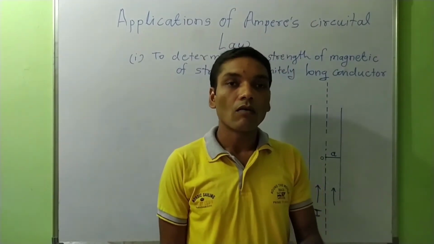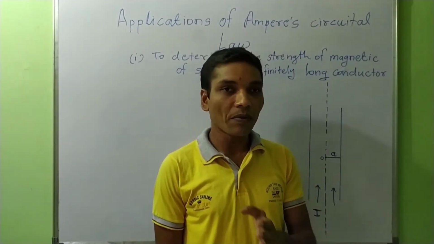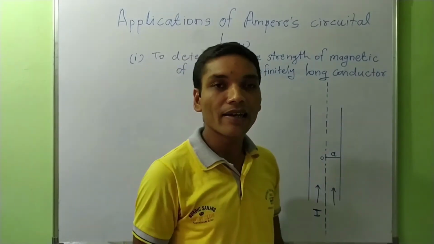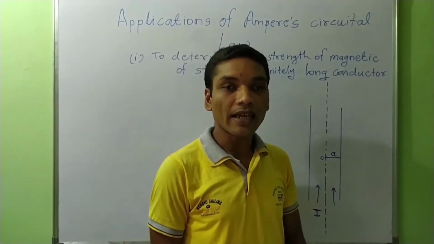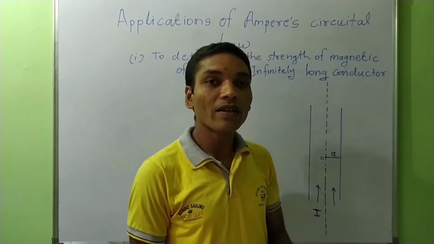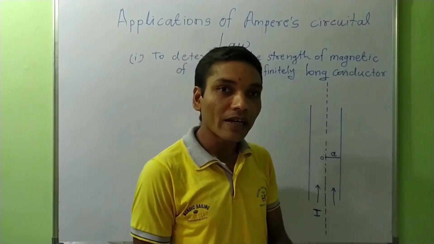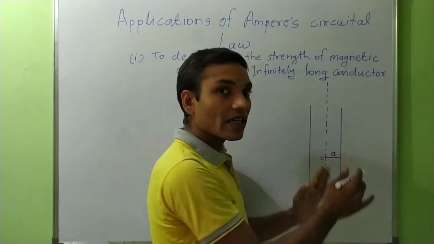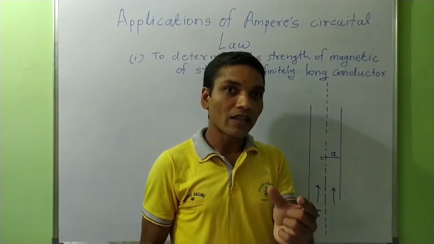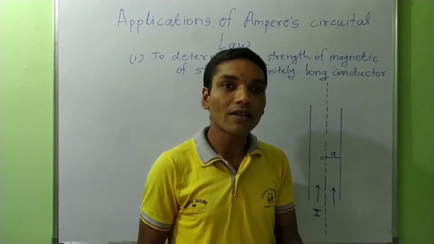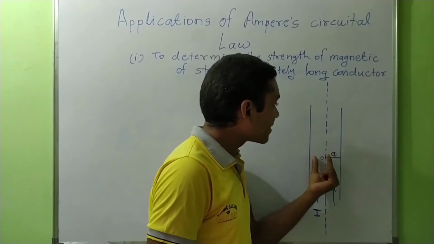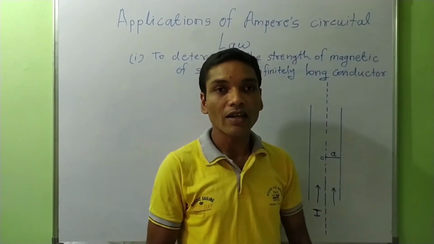First, what will be the strength of magnetic field outside the conductor? Second, what will be the strength of magnetic field at the surface of the conductor? And third, what is the strength of magnetic field inside the conductor.